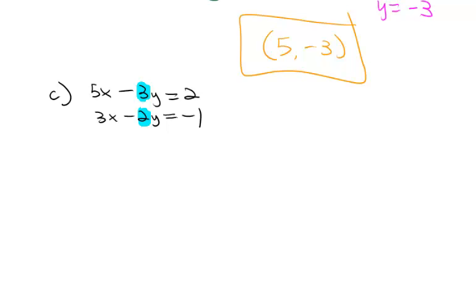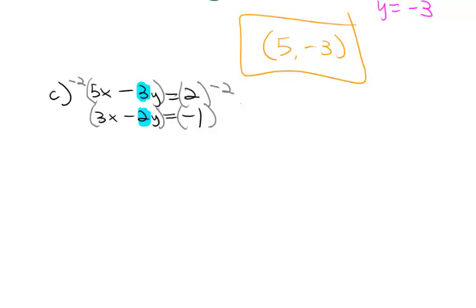We want one equation to have a coefficient of negative 6, and one equation to have a coefficient of positive 6. So we're going to have to multiply both equations by something this time to get that goal. Let's make the first equation have positive 6. To get positive 6, we have to multiply by negative 2 on both sides.